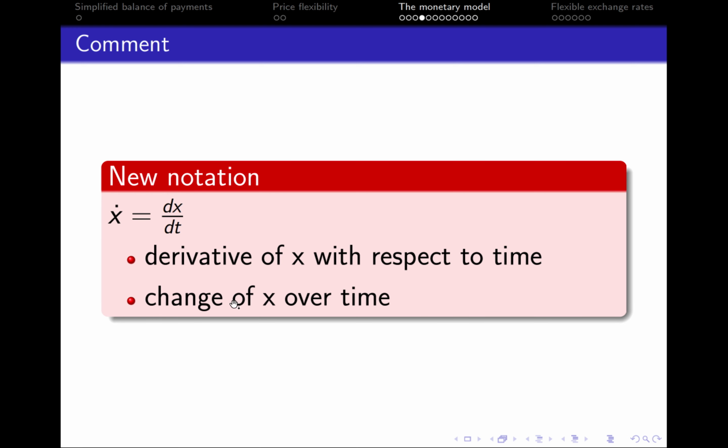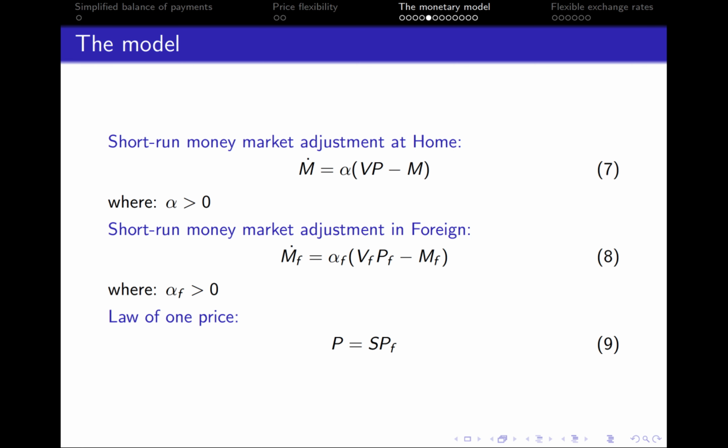So what x with a dot is telling us is how this variable x is changing over time. And with this in mind, we can now show how the short-run money market adjustment is working at home.